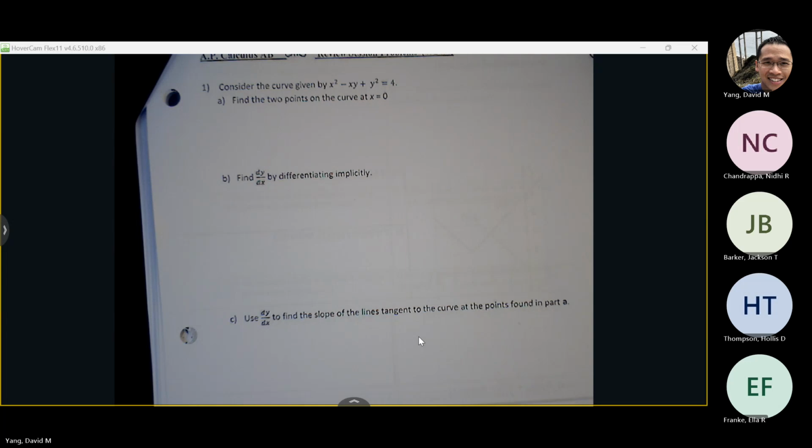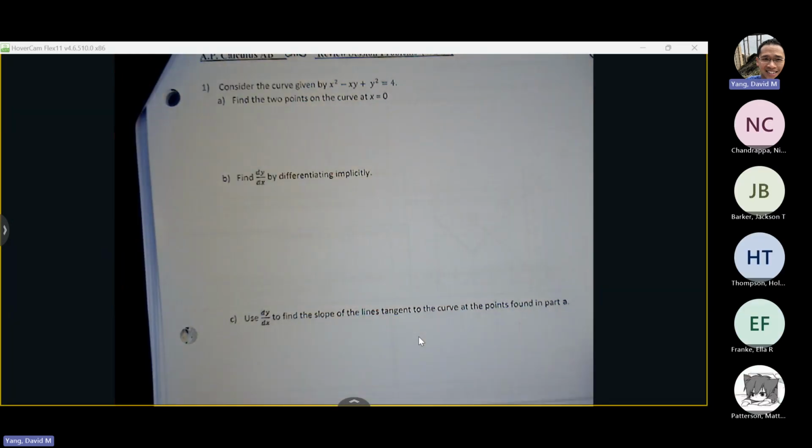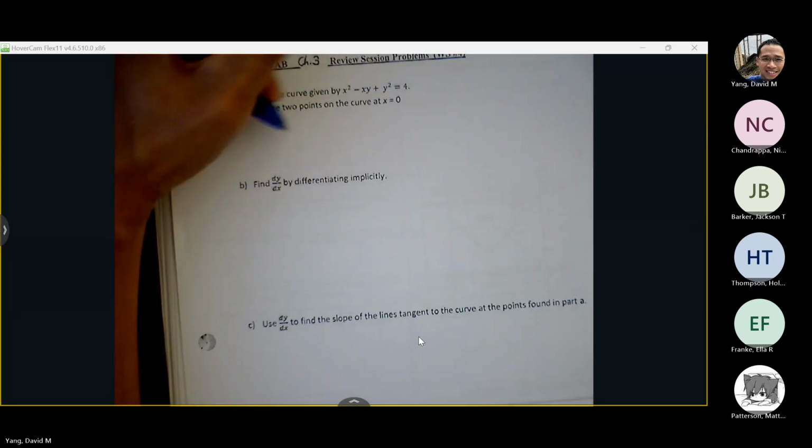Part A is just find 2 points on the curve at x equals 0. So we're not even finding the derivative yet. We're just gathering some ordered pairs. So we'll insert 0 in for x.